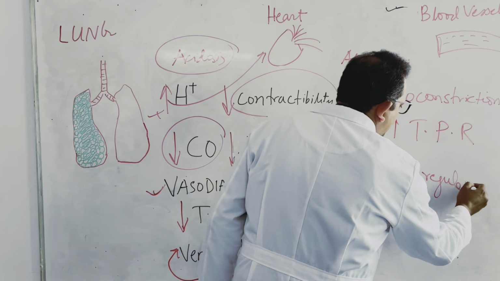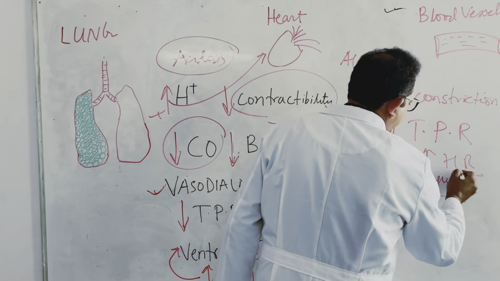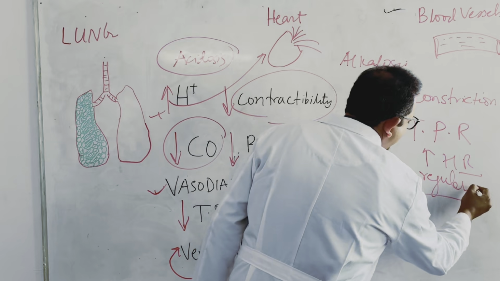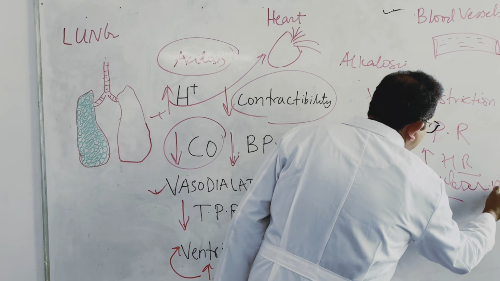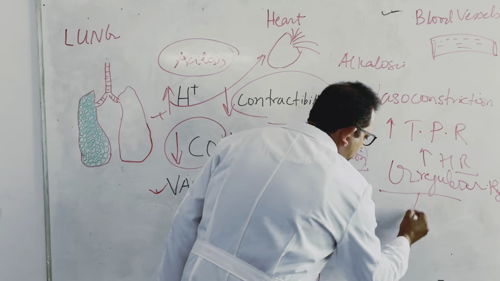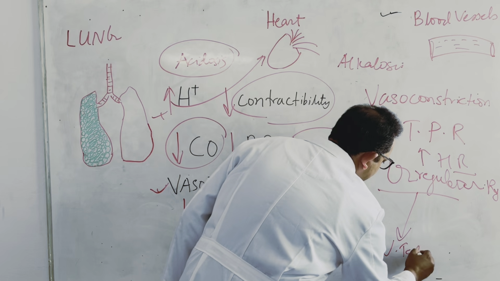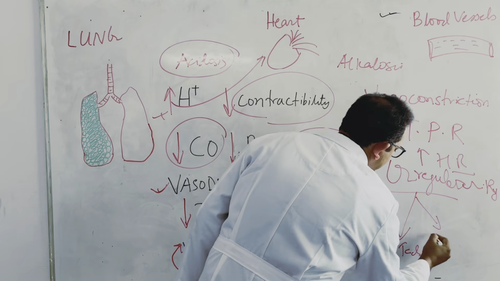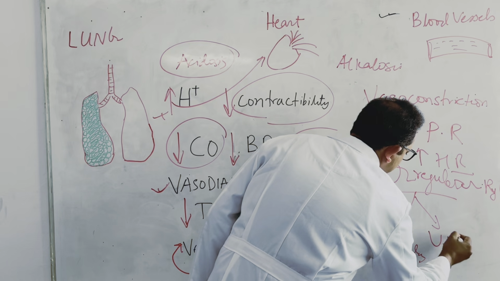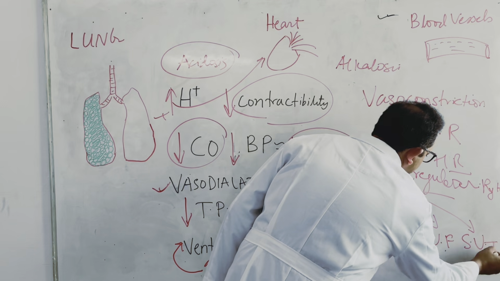Why? Because the heart has to increase the HR, heart rate. The irregular rhythm will finally end up in ventricular tachycardia. It can end up in ventricular fibrillation, and it can end up in supraventricular tachycardia.